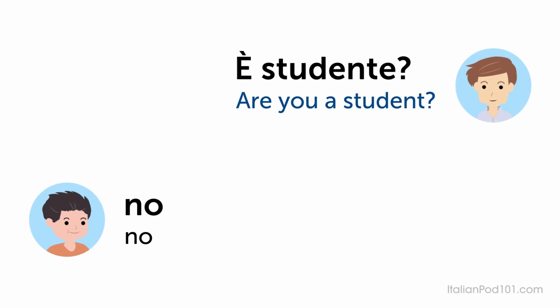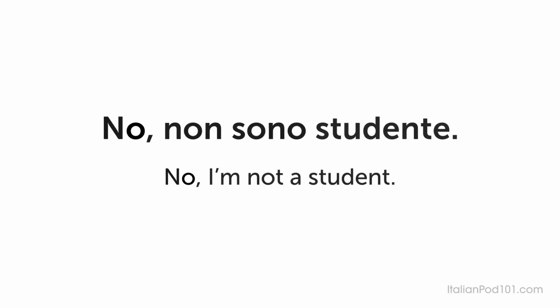First is the expression, No, meaning no. It answers Mark's yes or no question, "Are you a student?" After this, Paolo specifies that he's not a student. Non sono studente. I'm not a student.